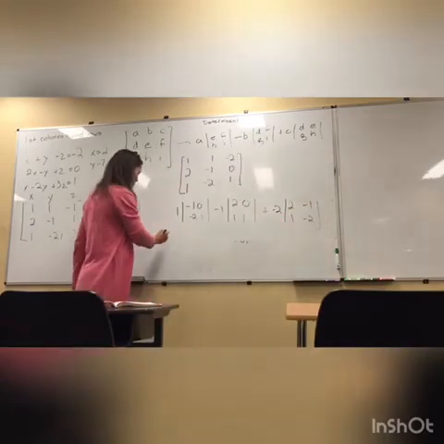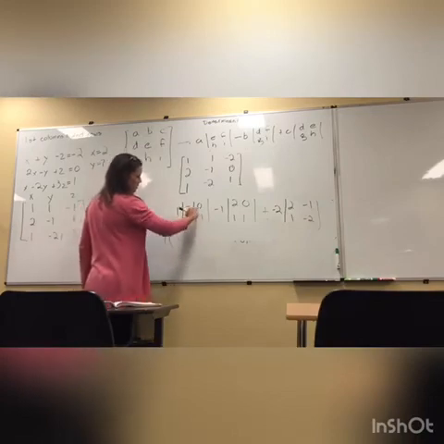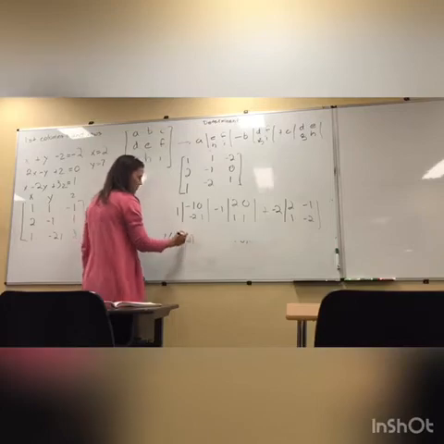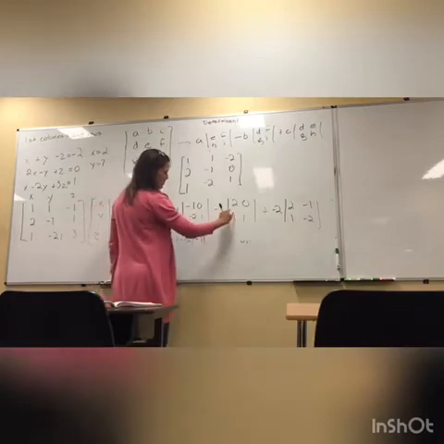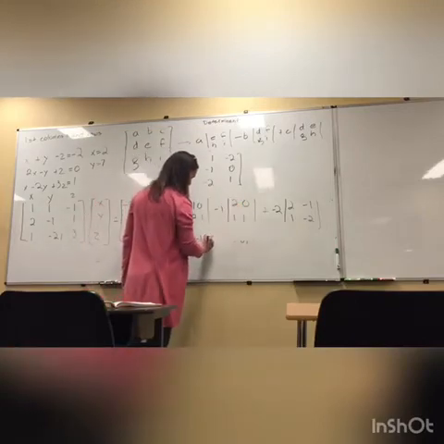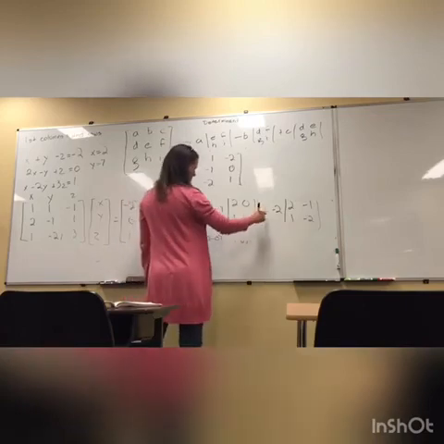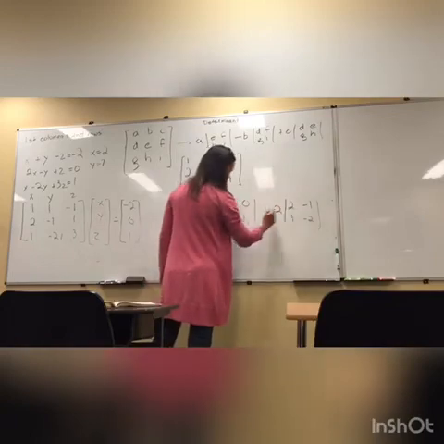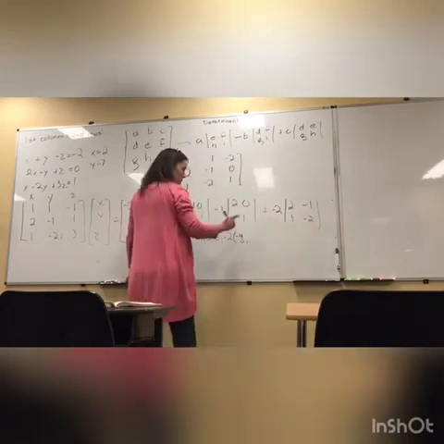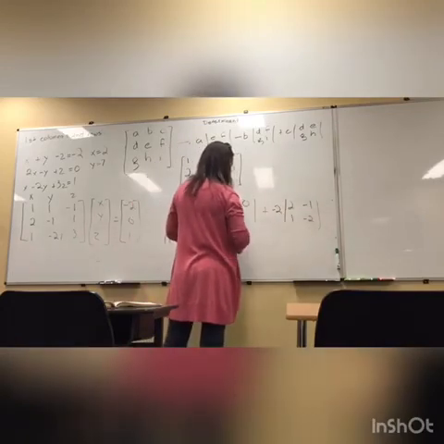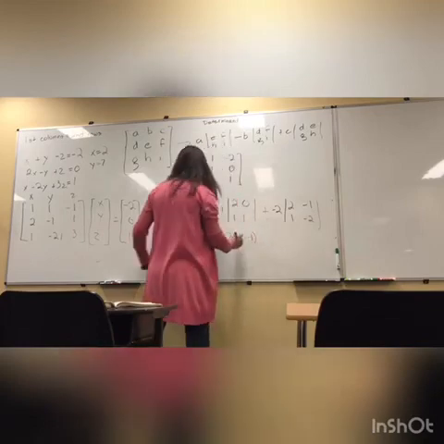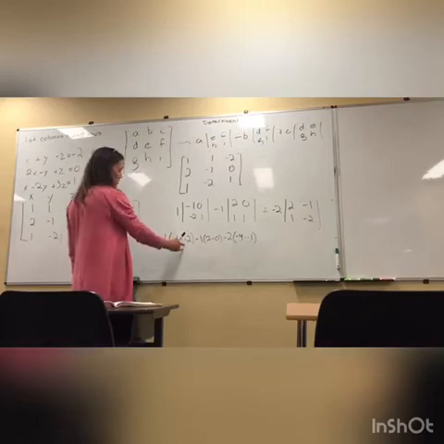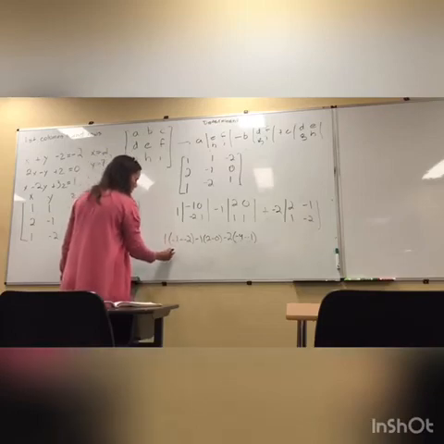So we do 1 times -1 minus -2. Then we do -1 times, that's 2 minus 0. Then we do plus -2 is just -2. And then we do 2 times -2, which is -4, minus -1. So we get -1 plus 2 is 1 times 1, 1.